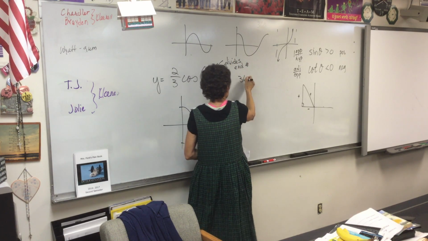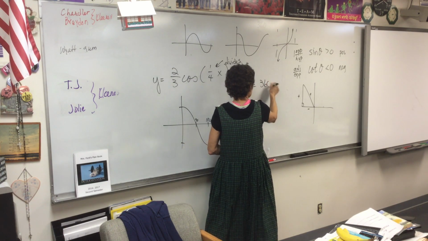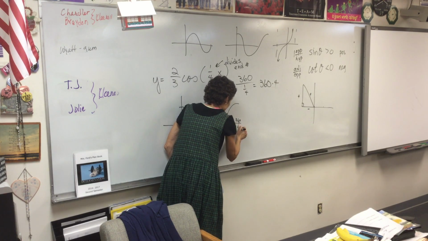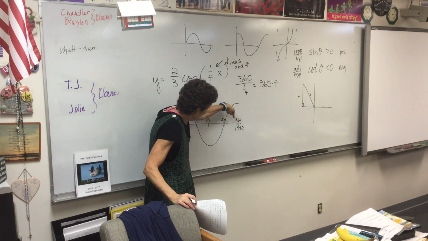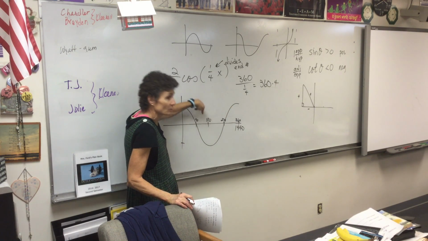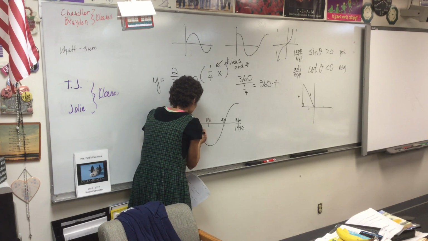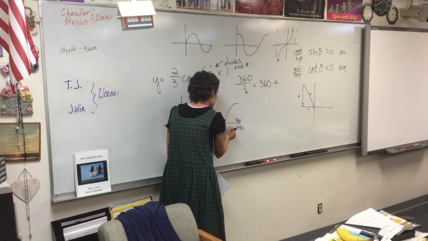So 360 divided by 1/4 is 360 times 4. So this is 1440. But if we multiply that one by 4, we have to multiply all of them by 4. So this would be 360, 720, 1080.